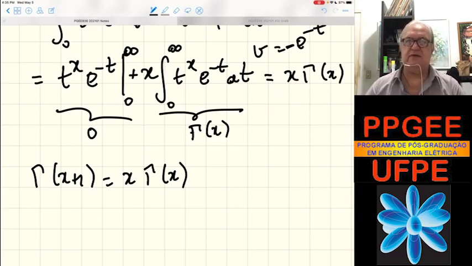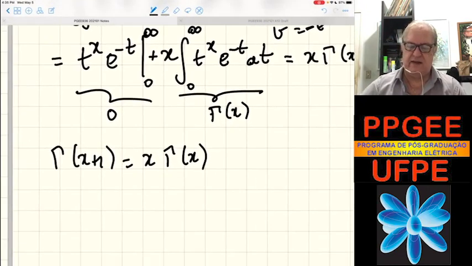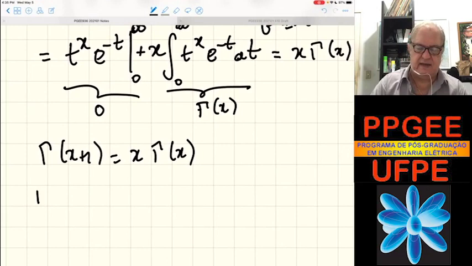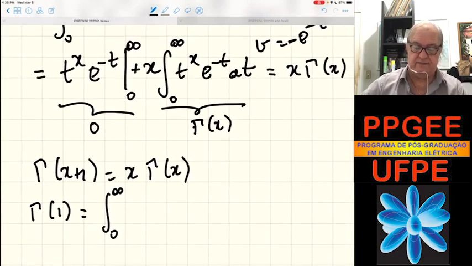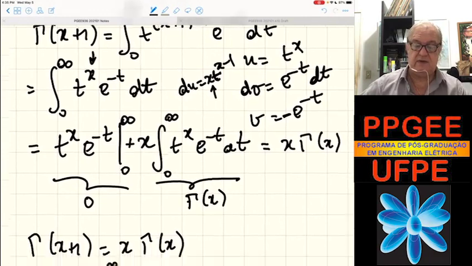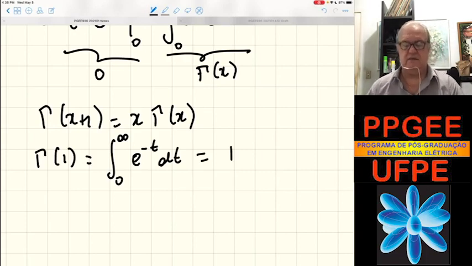So if we use that for the factorial, if you calculate, for instance, gamma of 1, it equals the integral from 0 to infinity of t raised to the 0 power times exponential of minus t dt, which equals 1.